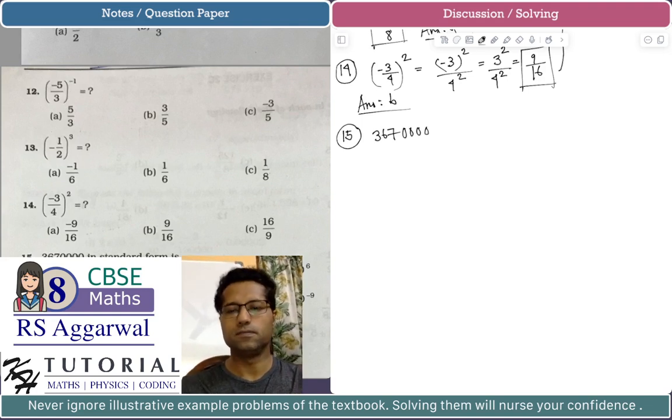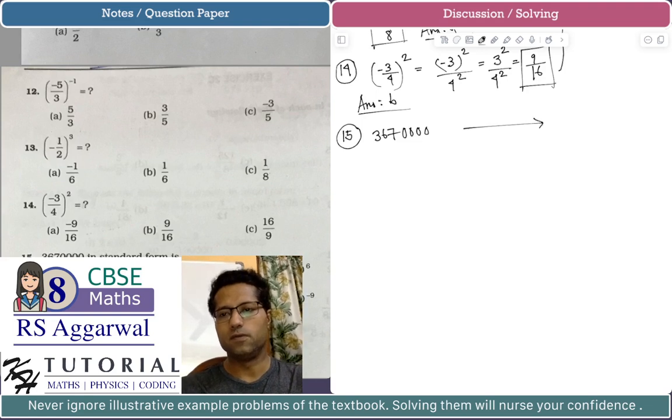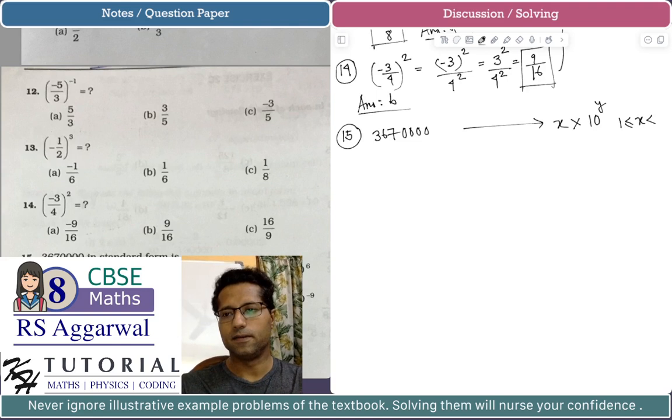That is, we have to convert this into the form x multiplied by 10 to the power y, where x is a decimal number such that x is greater than or equal to 1 but less than 10, and y belongs to the integers, and y is definitely not equal to 0.